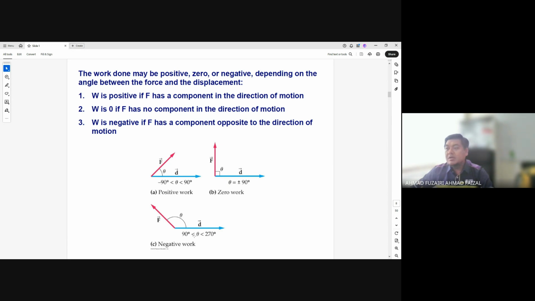And what happens to the work when the angle is bigger than 90 degrees and less than 270 degrees? The work should be negative. When the force goes to the other side of the displacement, it becomes negative work. Remember, positive and negative work are due to the components.